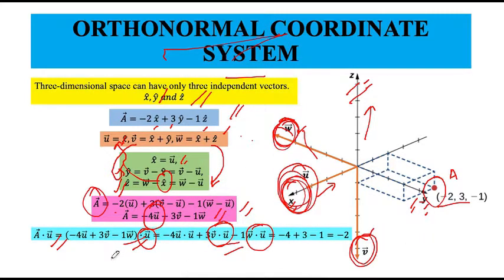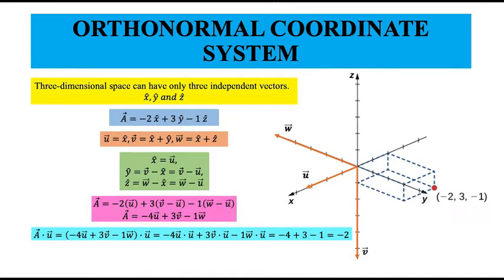So if I write, I will just clear it once. v dot u is actually x hat plus y hat dot x hat, which is equal to 1.